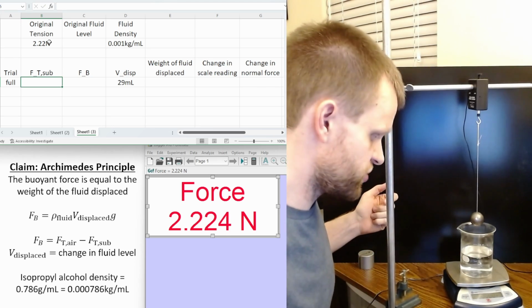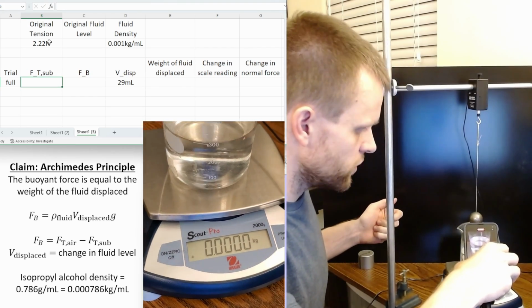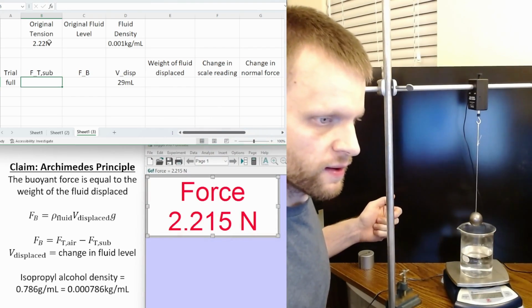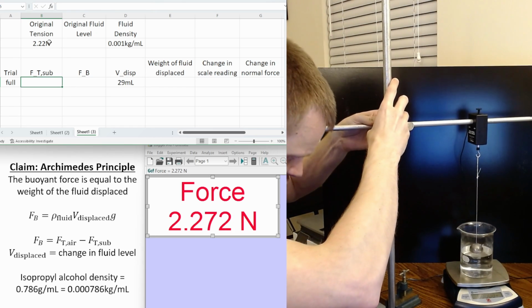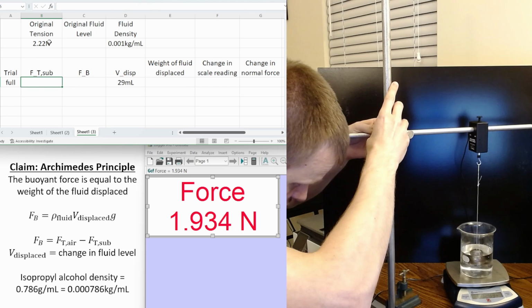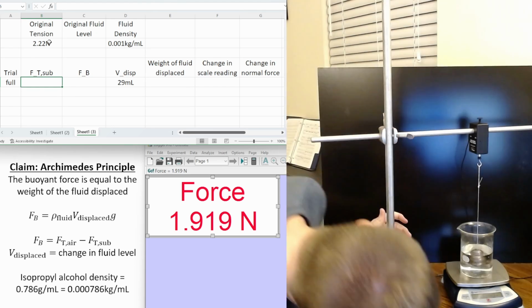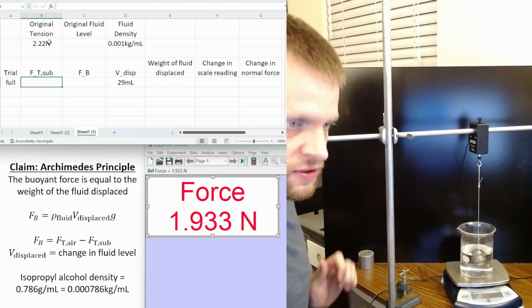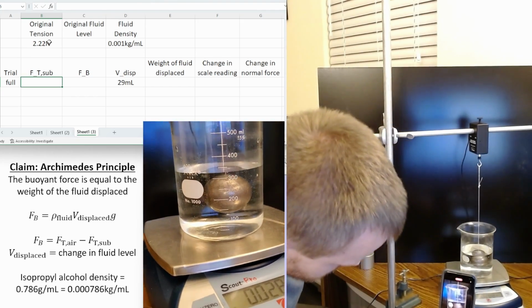Let me re-zero that to make sure we've got our scale reading zeroed as well. And let's submerge this in the fluid. We want this fully submerged, but not touching the bottom. So, yep, that is fully submerged, not touching the bottom.